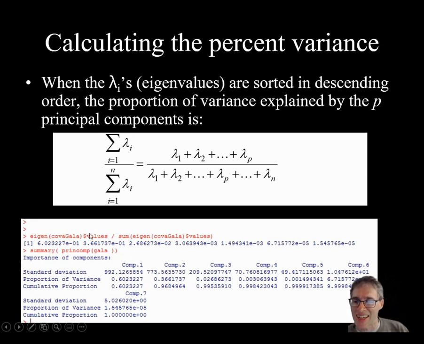So this is vector in, vector out: I take each of these eigenvalues and divide by the sum of all the eigenvalues. This first number is 60.2%. So my first component explains 60.2%, the second component explains 36%, and the third component explains only 2.6%.